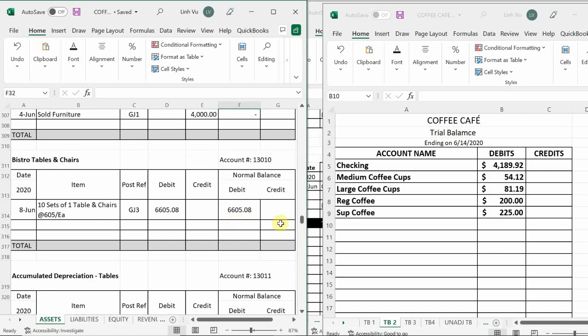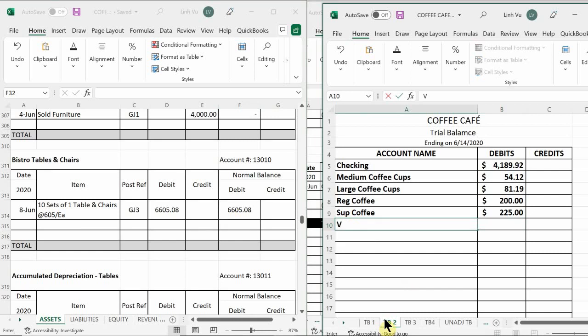But my very first furniture I have is my bistro table and chairs. So in this case, I don't have to type it all out. I could just do tables and chairs. Okay.